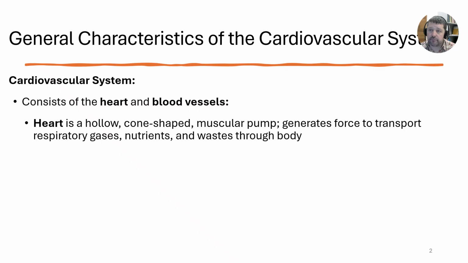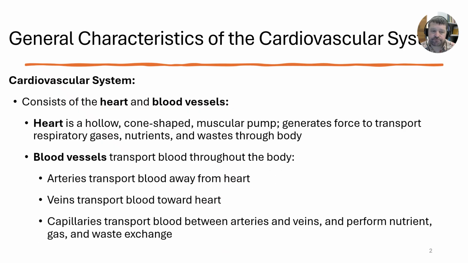It can pump blood that's carrying waste out of the body, and nutrients to regions that need it. Okay, it's really the controller of the cardiovascular system, along with the vessels that have to carry the blood, and that can be arteries, veins, capillaries, and intermediates of those. Okay, and we'll cover these here in a few minutes.